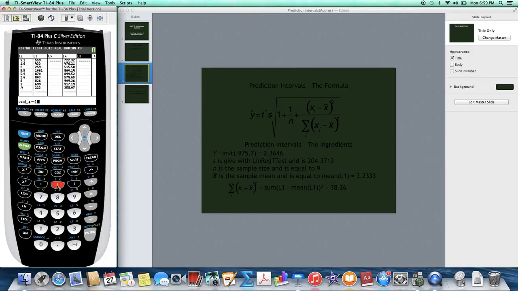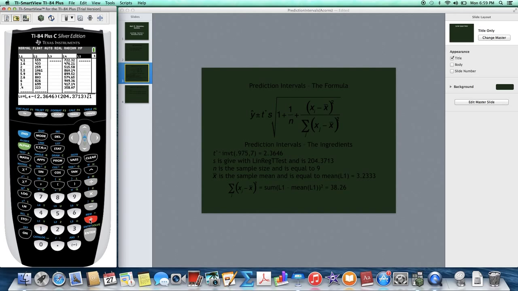I'm going to enter t star, so I put a parenthesis. My t star value is 2.3646. Close that parenthesis. And I'll put in the s value, which is 204.3713. Close parentheses. Second, x squared for square root.